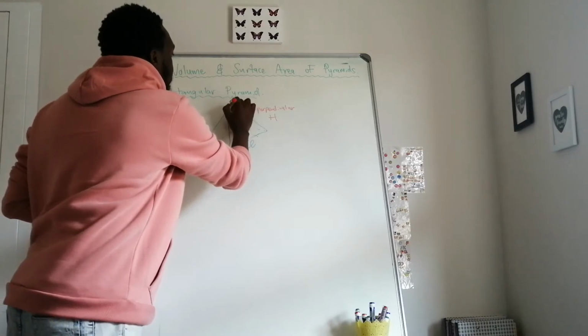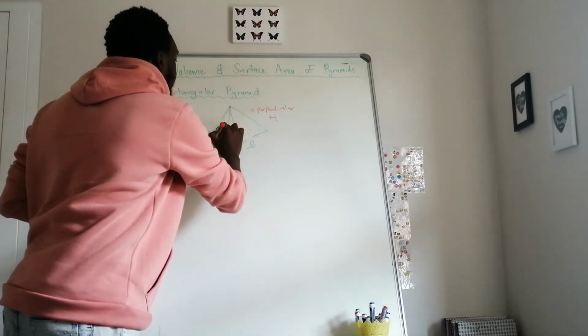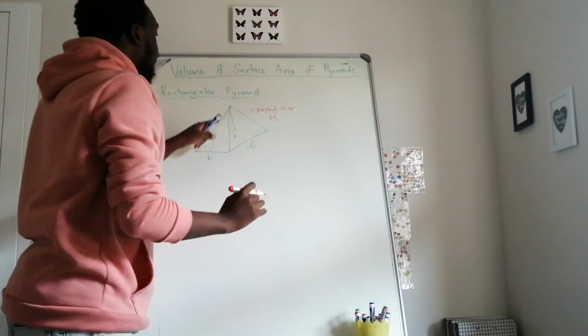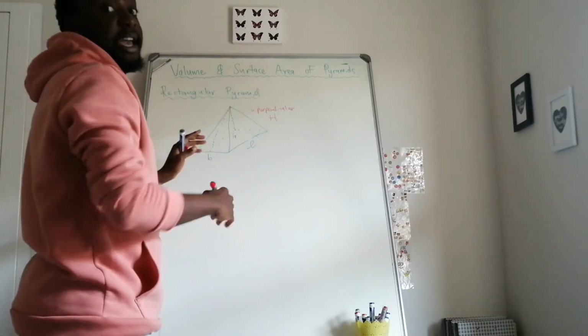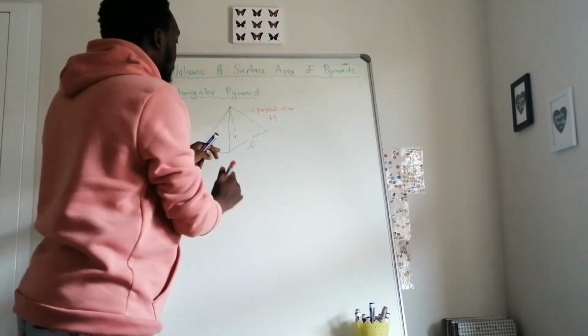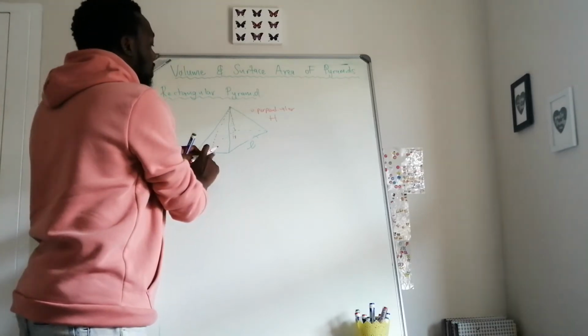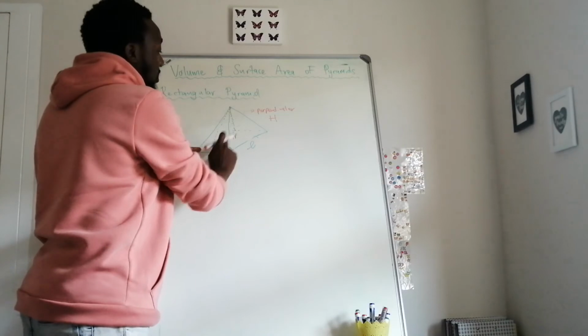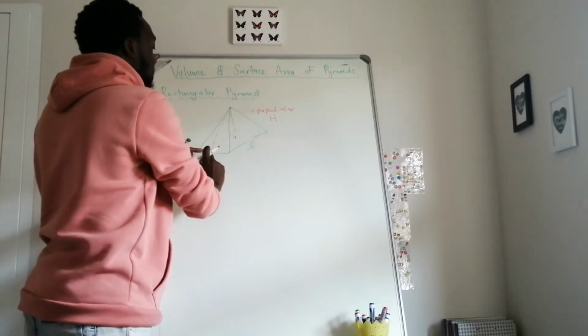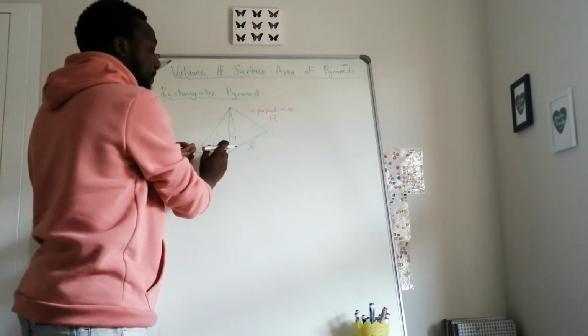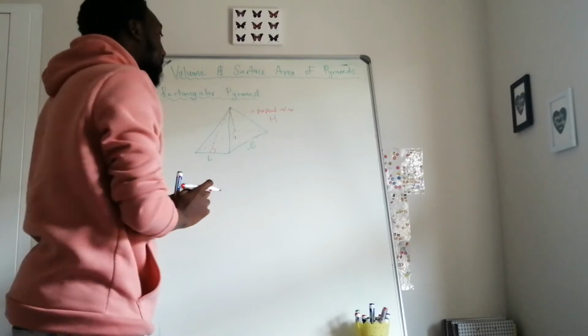And obviously there's this height as well. The height that goes right to the end of the pyramid, or to the breadth. This one is just perpendicular with the base. It's not perpendicular with the center, it's just perpendicular with the breadth there.